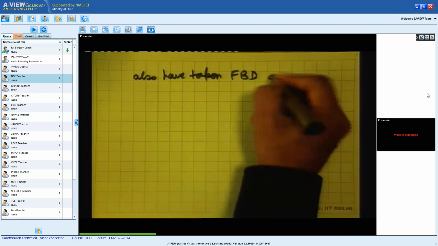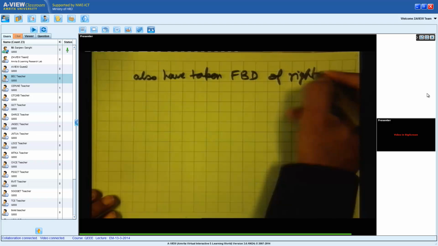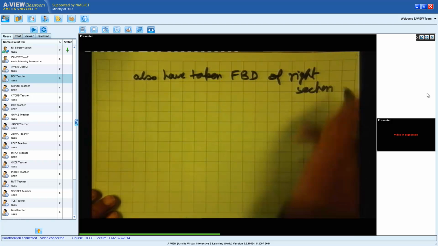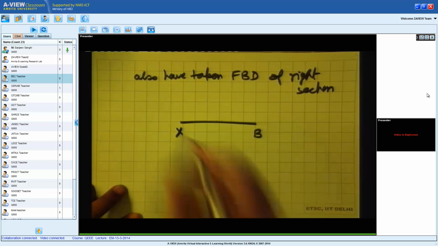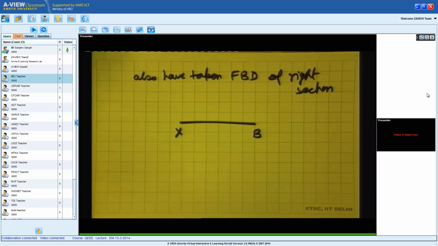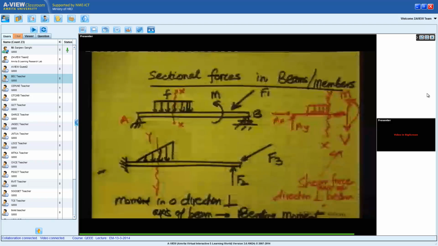the FBD of the right section. Now what you will notice is, if I take the FBD of the right section, that means I am starting from B and coming to X. Now this is my original figure.